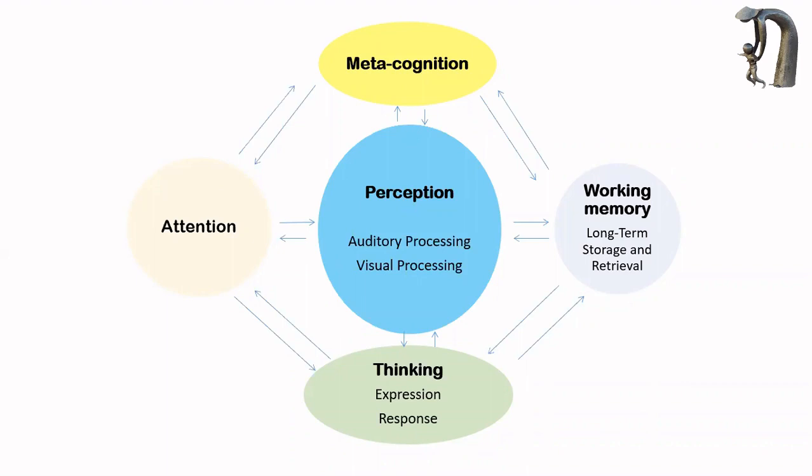Working memory is very, very important, because working memory is also a thinking skill, as I said. When you think, the memory will work. When you pay attention, your memory will work. When you take in the information via auditory or visual, memory works.